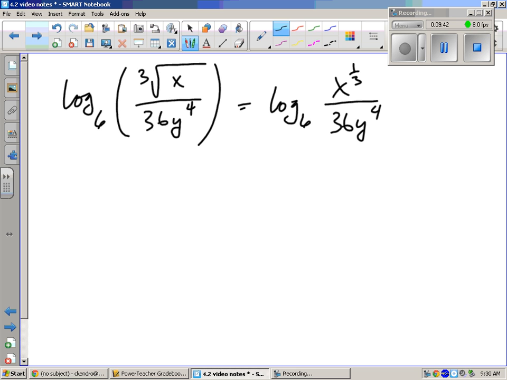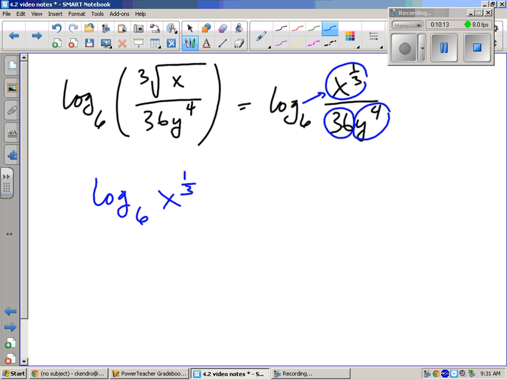Now we need to expand using the product and quotient rules. So how many parts do I have? I have 1, 2, 3 parts. Notice the 36y to the 4th is on the bottom, it's all together, so that has to stay together in brackets. So log base 6. First we're going to do this one, so x to the 1/3.